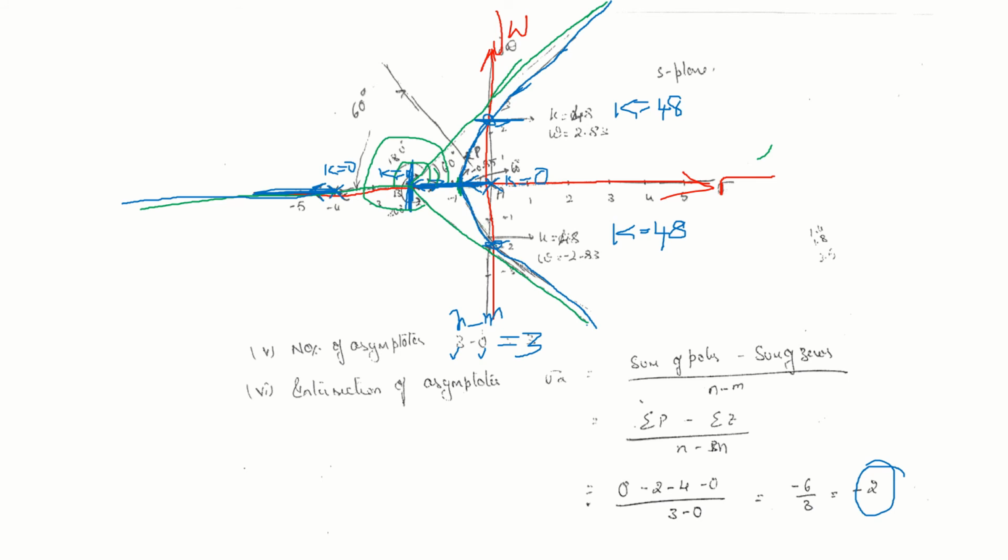This root locus is here when the k value is 48. Here also we can locate somewhere k equal to 48. Correct? Then go on, so k is tending to infinity.